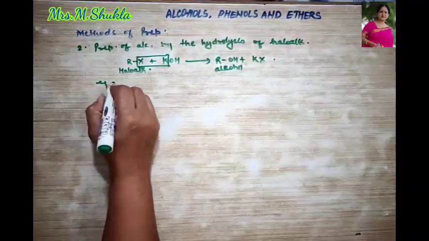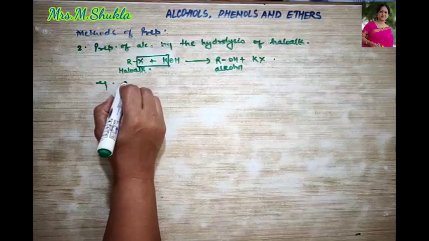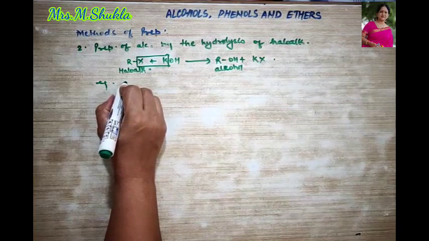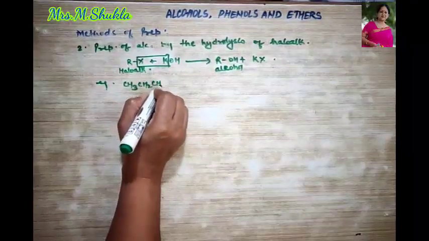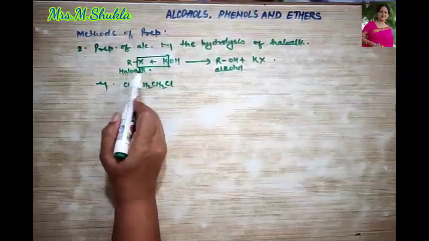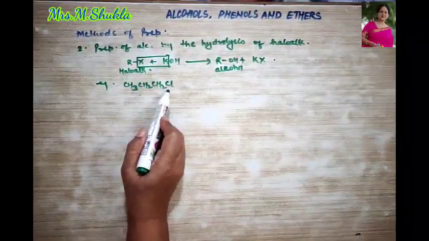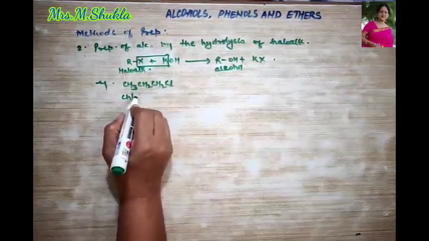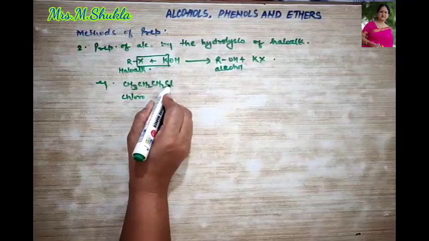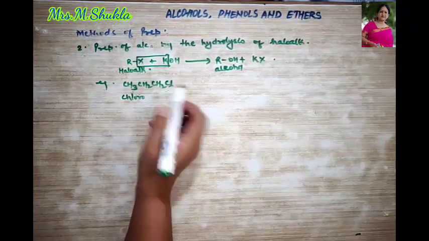So let us take one example over here. Like I take chloropropane, CH3CH2CH2Cl. This is a haloalkane. What is the name of this? Chloropropane, because the position of chlorine is 1, so I am not writing the 1 over here.